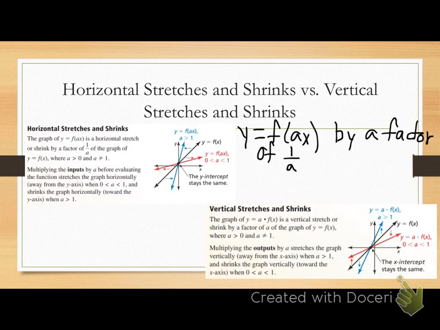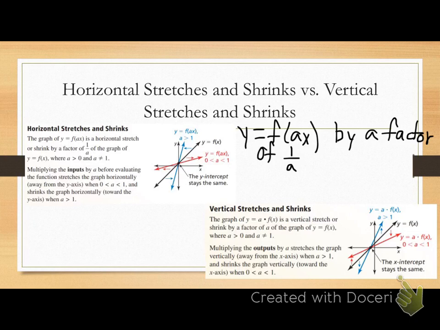The graph of y equals f of ax is a horizontal stretch or shrink by a factor of 1 over a of the graph of y equals f of x, where a is greater than 0 and a does not equal 1.